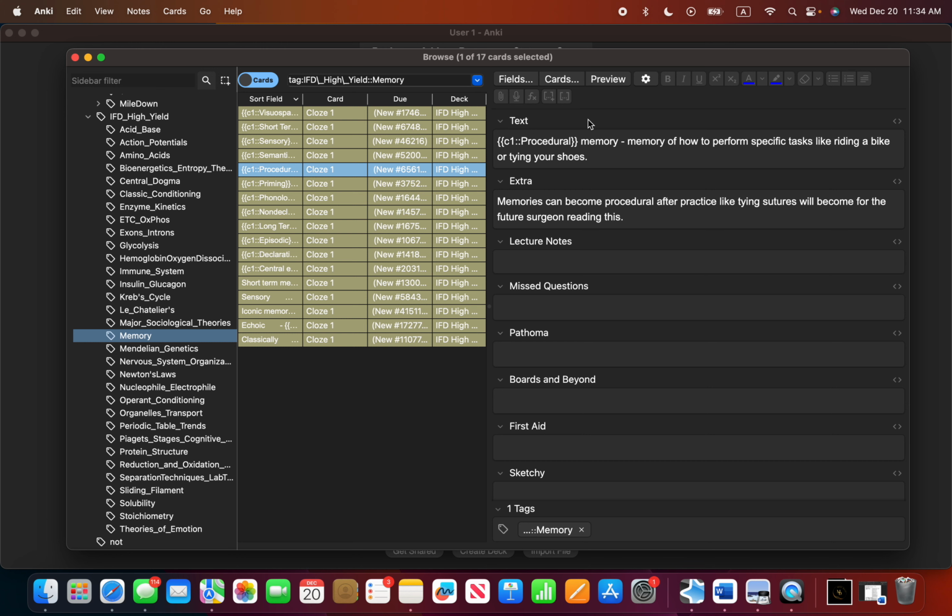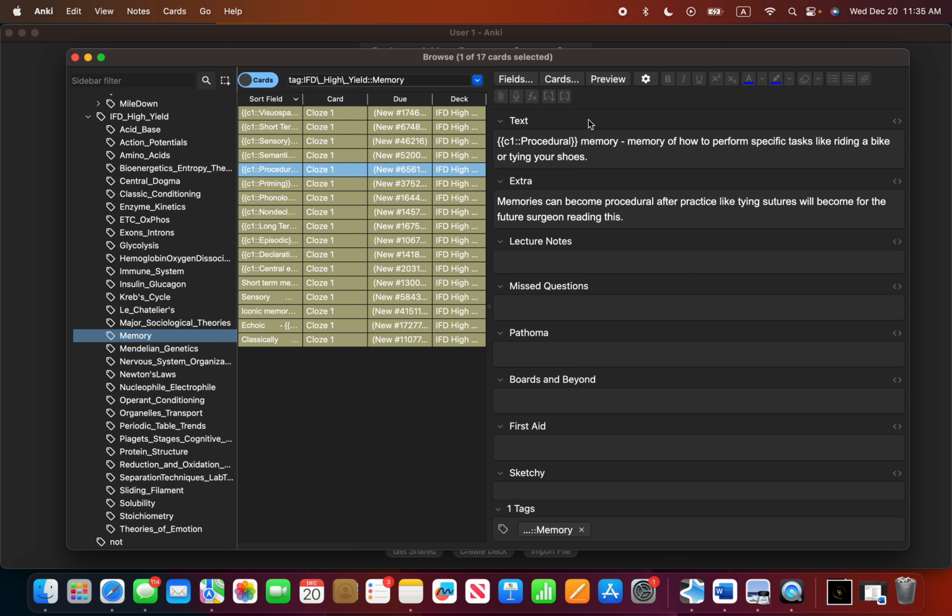Procedural memory. Memory of how to perform specific tasks like riding a bike or tying your shoes. Therefore, procedural memory is memory of how to perform specific tasks like riding a bike or tying your shoes.